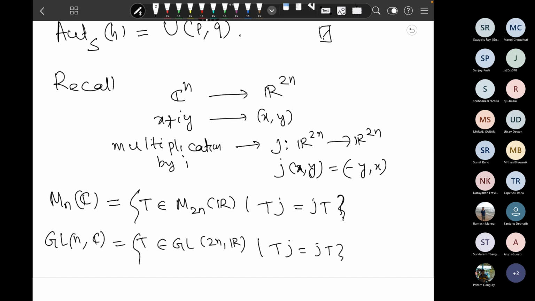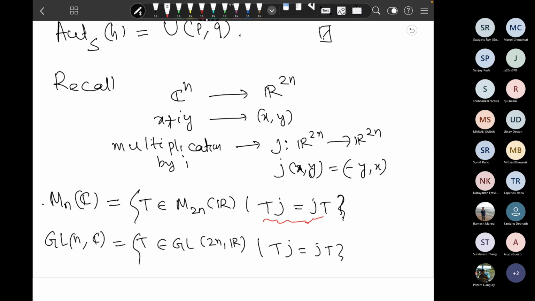Okay, so look at the first thing. MnC is equal to T belonging to M2n(R) so that TJ is equal to JT. That means T is a complex linear map on Cn if and only if T is a real linear map on R2n, and it satisfies TJ is equal to JT. But what is this condition?